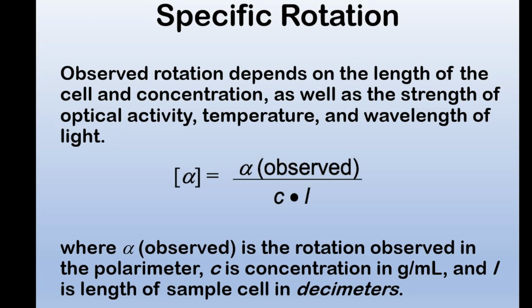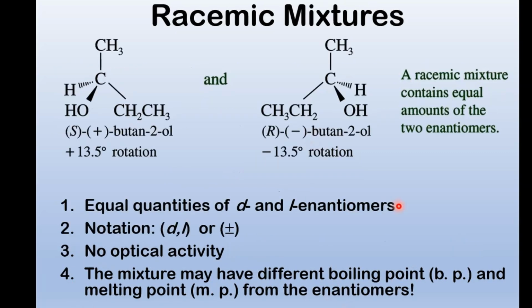So this would involve math, specific rotation, depends on the length of the cell and contraption, as well as the strength of the optical activity, temperature, and wavelength of light. So these are normally tabulated out, where C is the concentration in grams per mL, and L is the sample length. So in the chemical catalog, sometimes it will give the information.